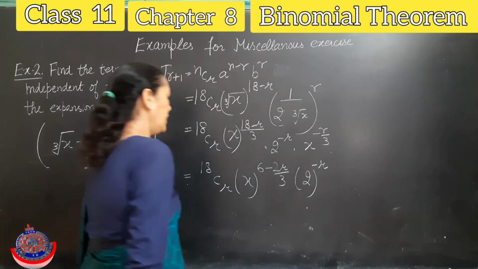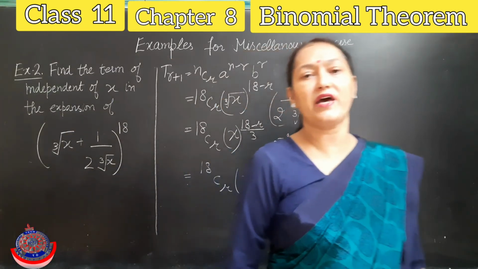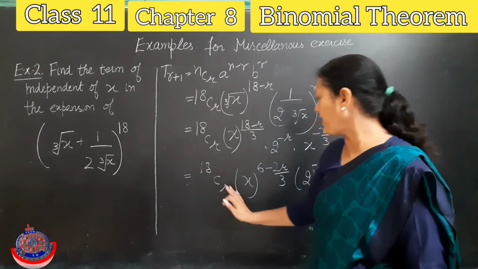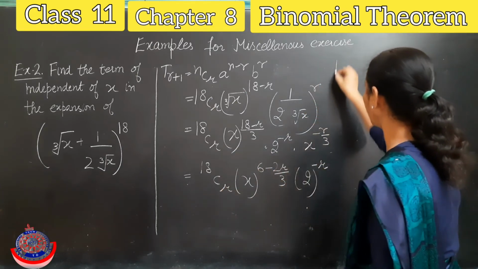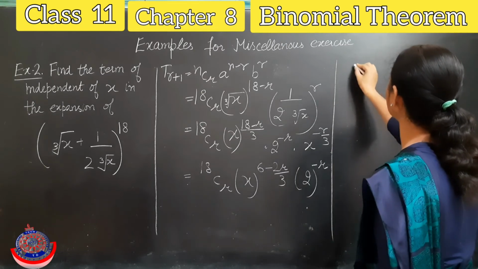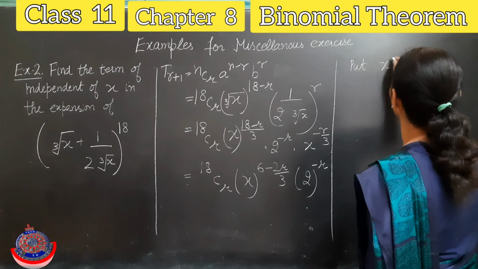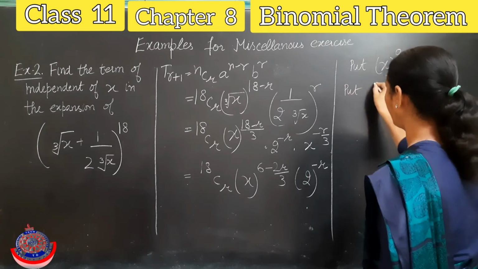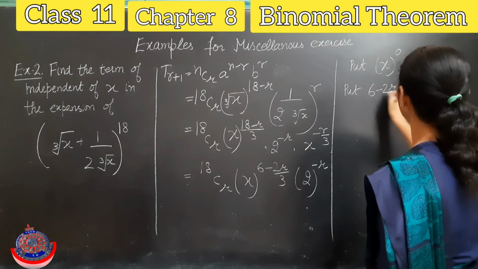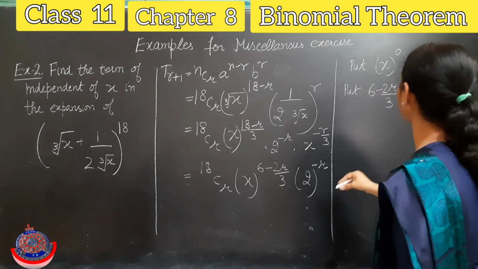Okay. Now they said they want a term which is not having x in it. How can we get it? If we put the power of x equal to 0. For x power 0, we will be putting 6 minus 2r upon 3 equal to 0.